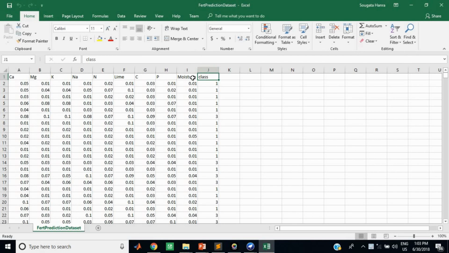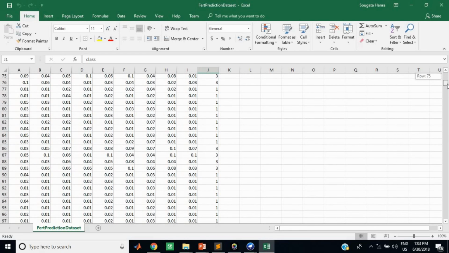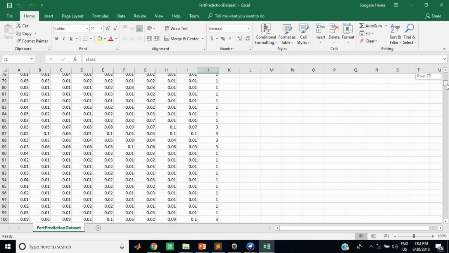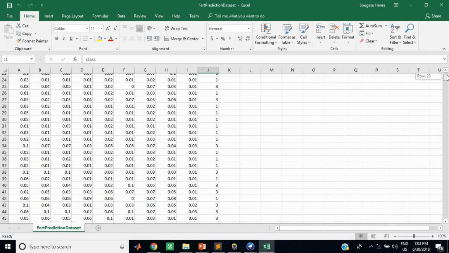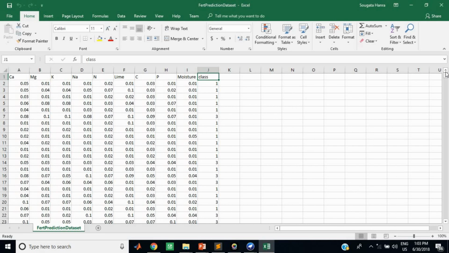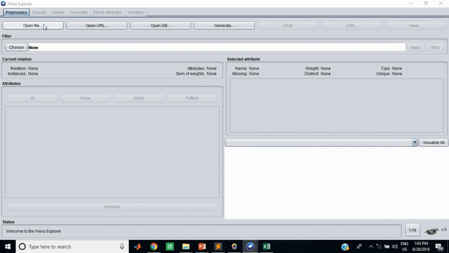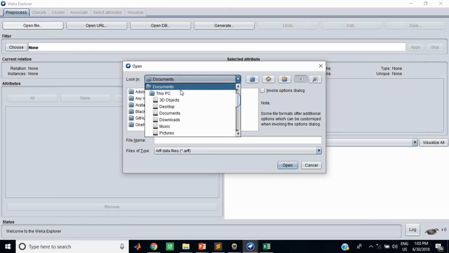Here in the preprocess step, we have to select our dataset. So first of all, let's see our dataset. This is a static dataset we have used here, and it includes 9 features containing macronutrients as well as micronutrients of a soil sample, such as calcium, magnesium, sulfur, etc. and the corresponding class levels according to each feature.